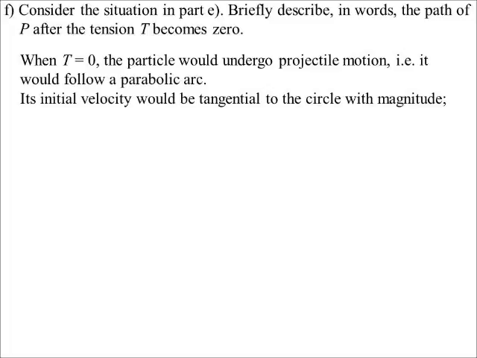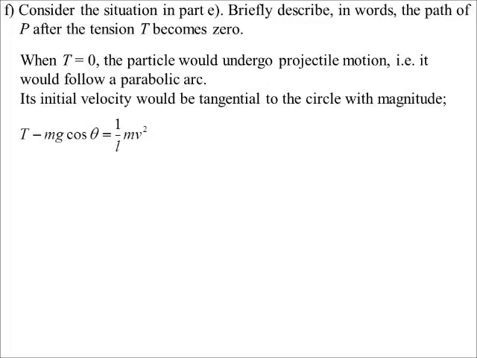It's like the string's not connected, tension 0. So all we now have is an object in the air that has just been projected with a velocity and an angle. It must perform projectile motion. Instead of going in a circle, it'll go in a parabolic arc.